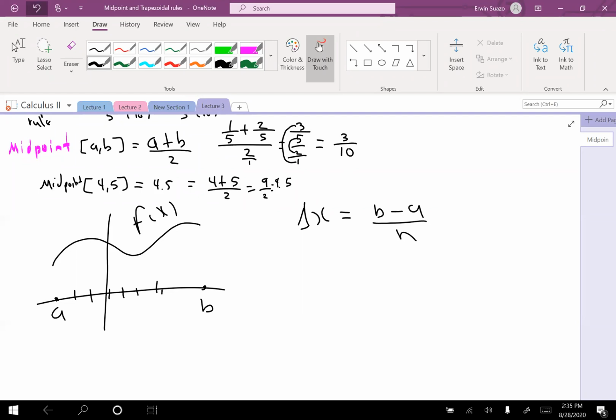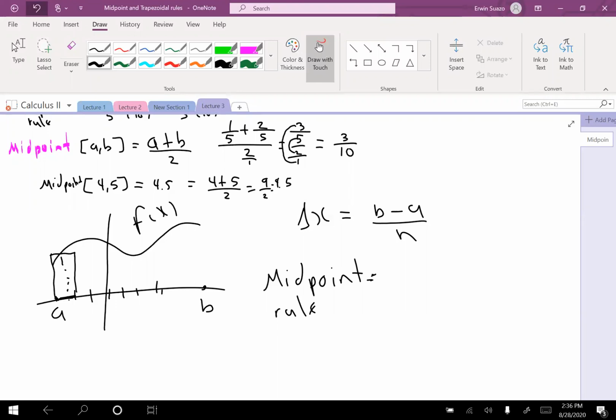And now my midpoint rule goes like that. You take delta x, that is the base, and then you shoot up, and this is your rectangle.